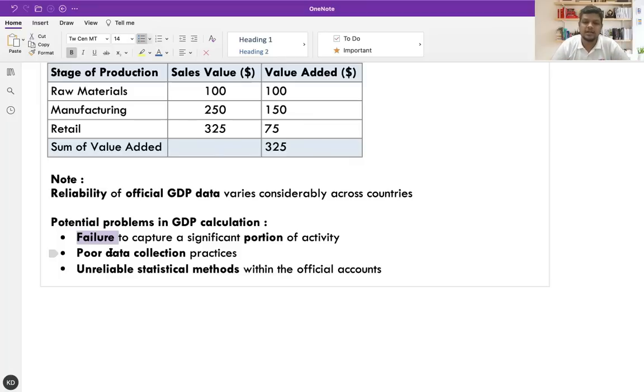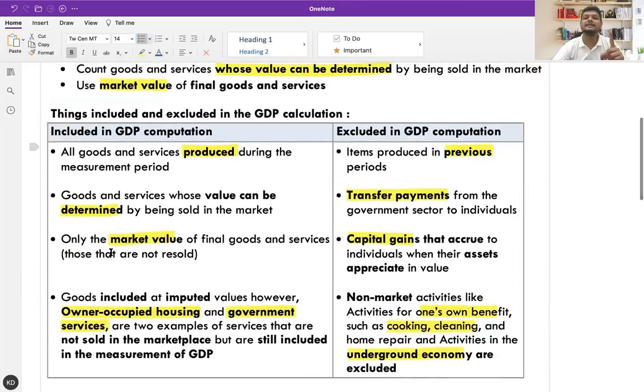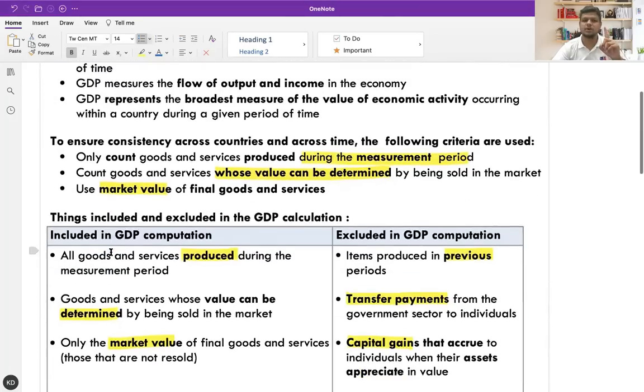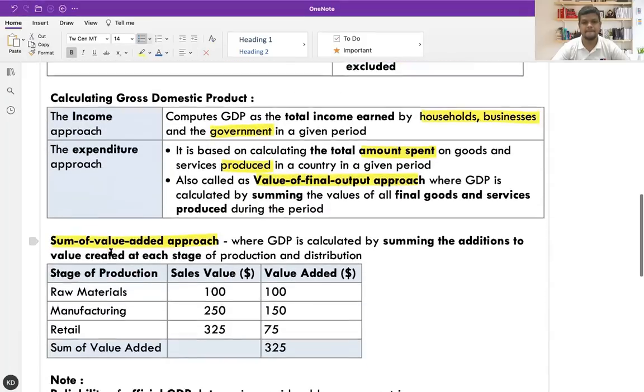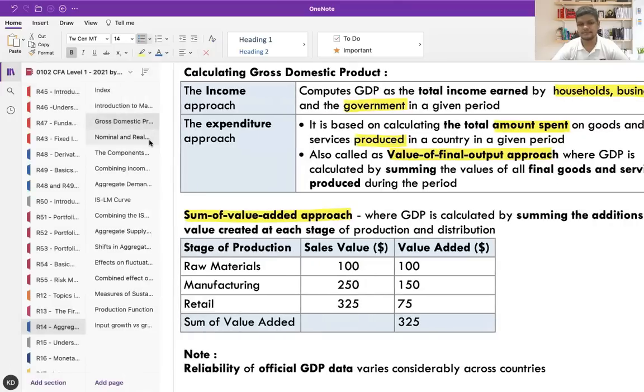Clear? So we know all these real problems with GDP calculation. Still, GDP is the best economic indicator to measure economic output. Is that clear? Everyone? Yes. Any questions till this point? No.